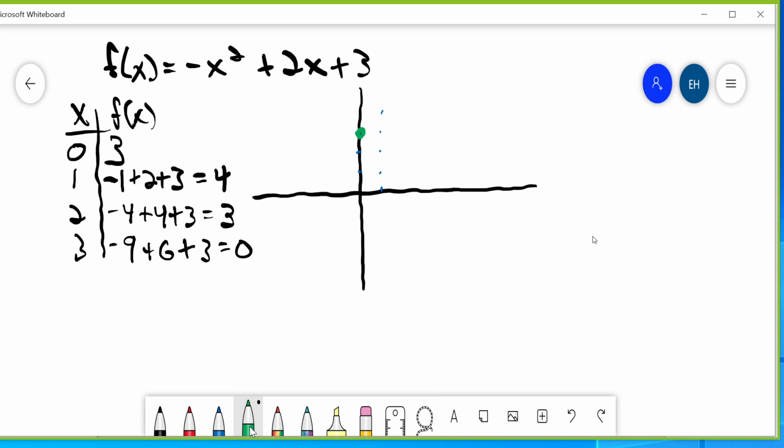And so we have a point at 1, 4. The point 2, 3, 1, 2, 2, 3. A point at 2, 3. And finally 3, 0. And we can sketch our parabola.